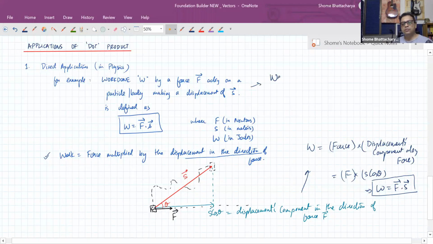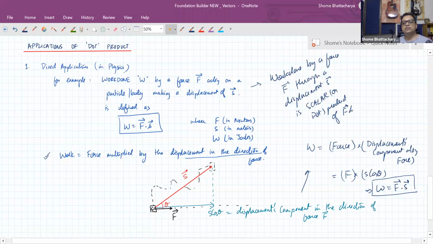Work done by a force F through a displacement of S is the scalar or dot product of force and displacement.